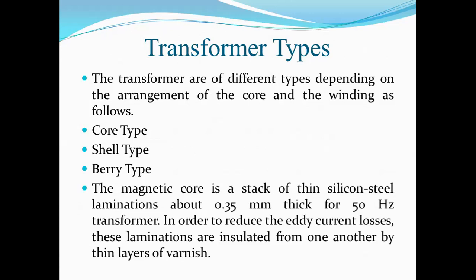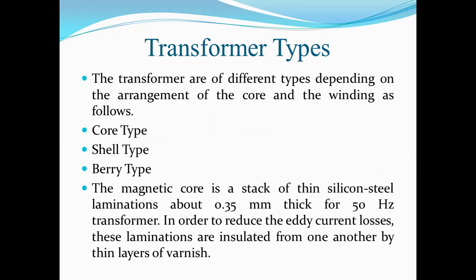So types of transformers. The transformers are of different types depending on the arrangement of the core and the winding. So mainly step up transformer and step down transformer. Step up transformer: number of turns in the primary winding is less than number of turns in the secondary winding.